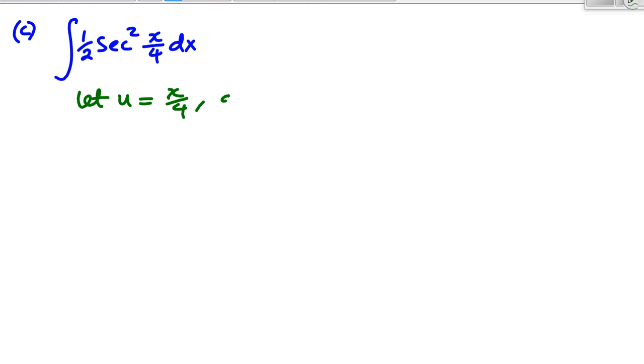C, integral of a half secant squared x over 4 dx. Of course, we start with letting u be equal to x over 4, which means that du over dx will be a quarter, which means that dx will be 4 du.